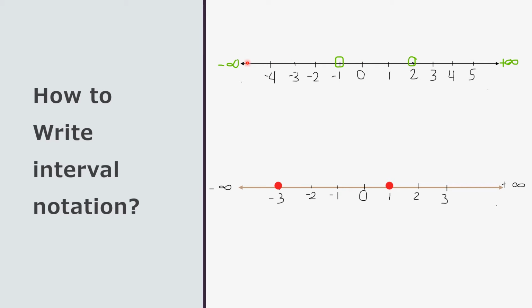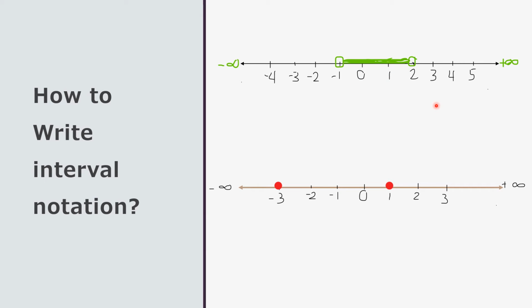So three regions or three parts here, 1, 2, and 3. Now, let's say we are going to find the solution, and the solution is this part here. How are we going to write the solution set?